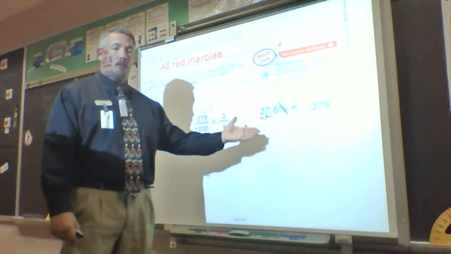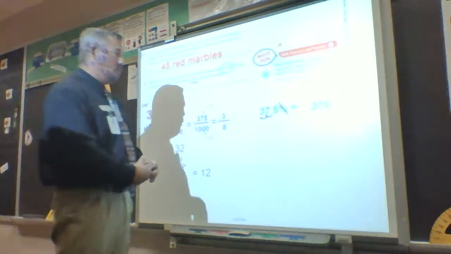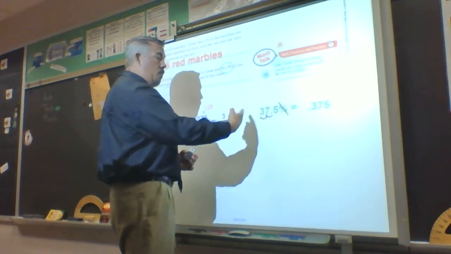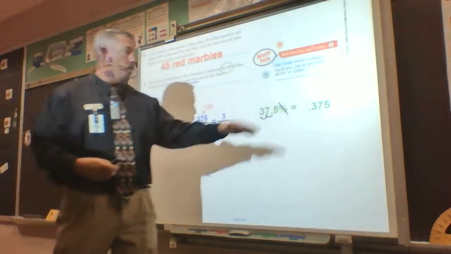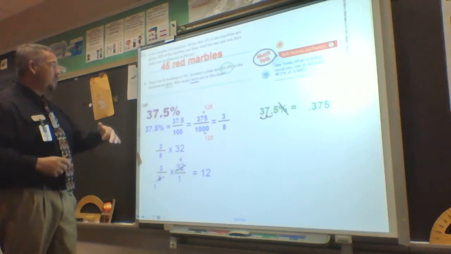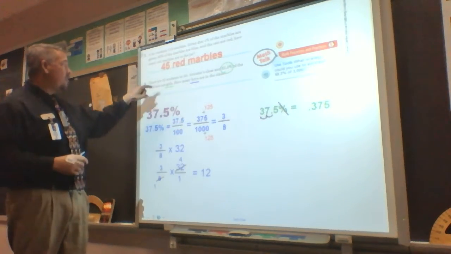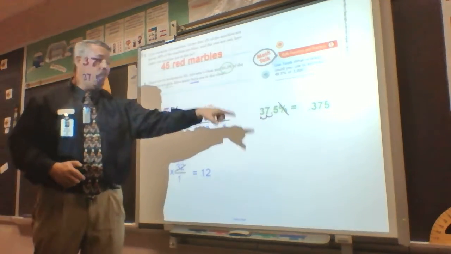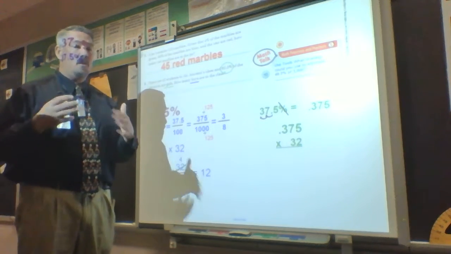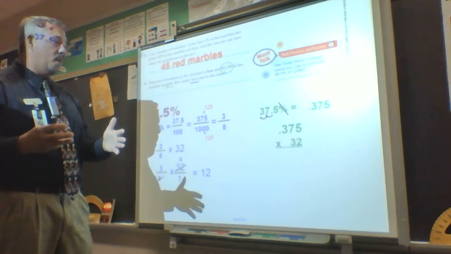When I do my percent as a decimal, once again, drop the percent sign, move the decimal from right to left 2 times, it gives me 0.375. Once again, like a previous question, I'm going to have 3 digits compared to 2 digits, so I'm just going to put my 0.375 on top. I can do that with multiplication and addition because once again, it doesn't matter what order I do them in.